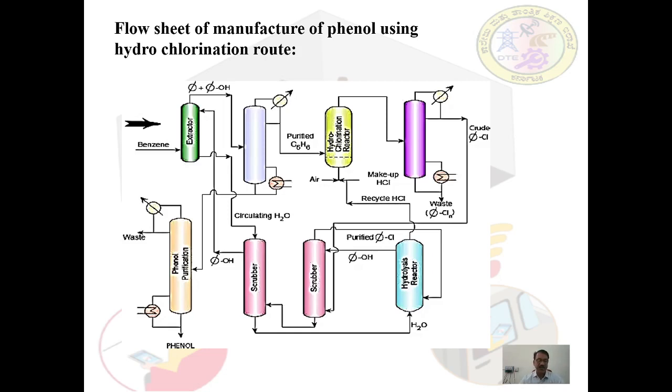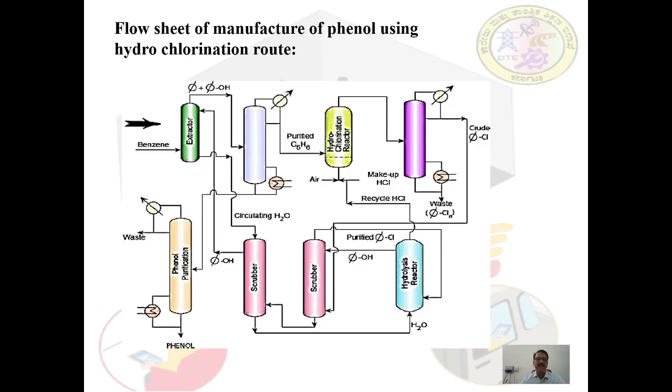The Raschig process has two vapor phase catalytic stages. Benzene is purified and fed to a heater and packed reactor containing ferric chloride and cupric chloride catalyst.